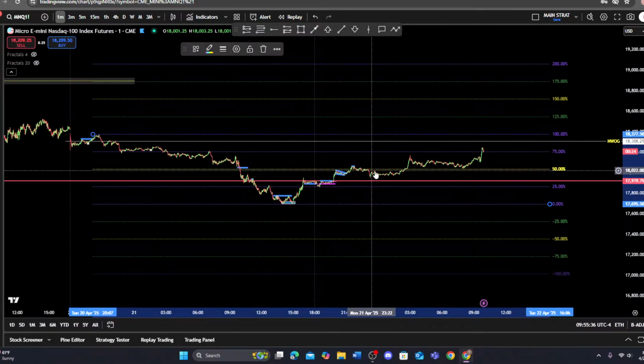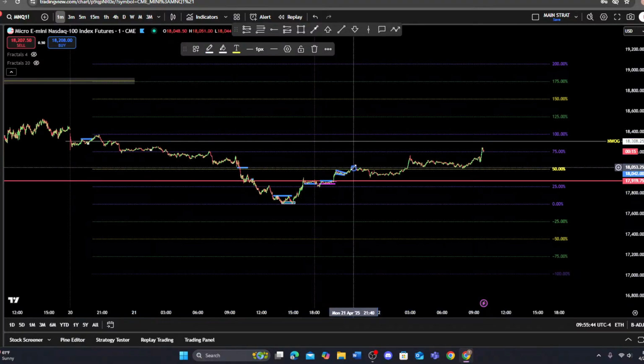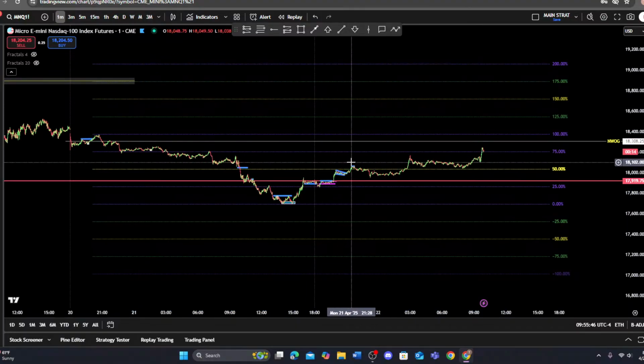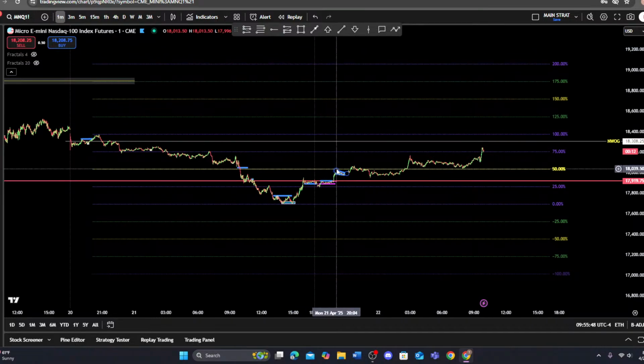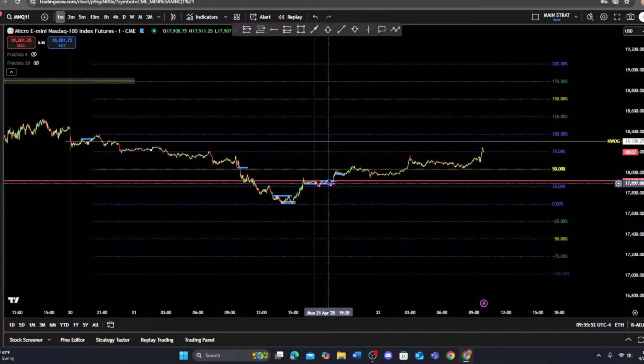Like the 50% level, once it hits that area, we're looking for a breaker block and seeing if we can get a short.